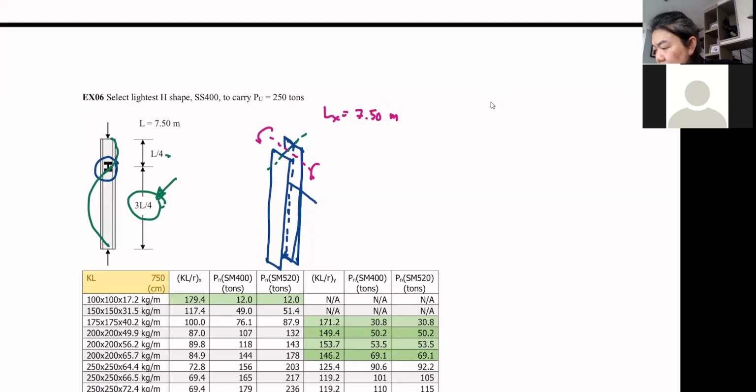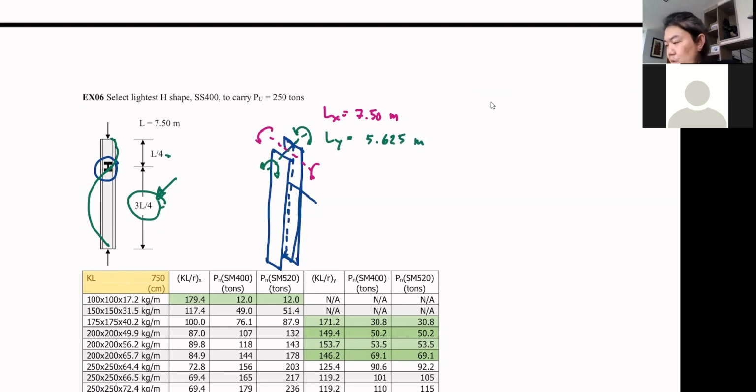So now for buckling in the Y axis, your Ly is now 5.625 meters. So now we have a problem. We need to consider KL/r in both axes in our design.